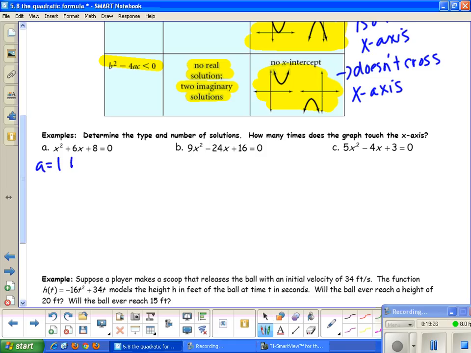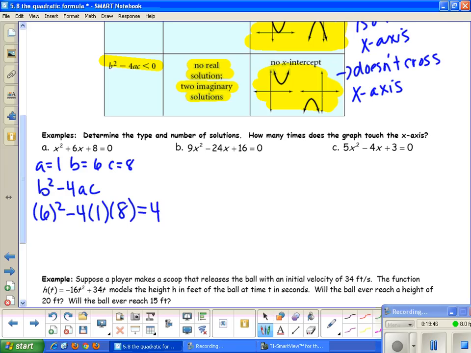So A is equal to 1, B is equal to 6, C is equal to 8, and we know the formula we're using is b squared minus 4ac. So in this case, I get 6 squared, because that's my b, minus 4 times a, which is 1, times c, which is 8. So when I solve this, I get 4.